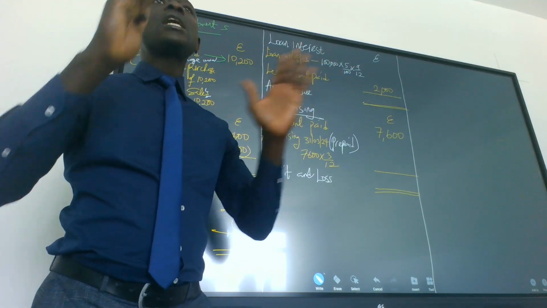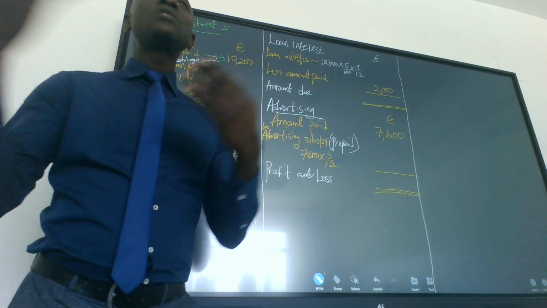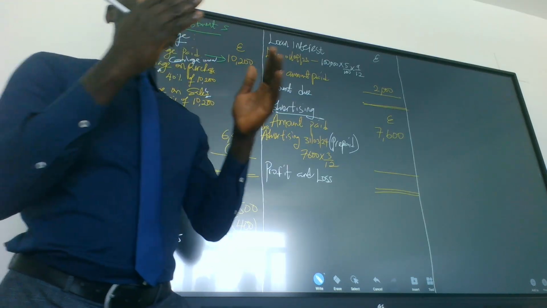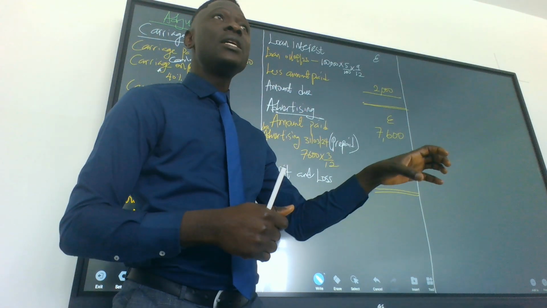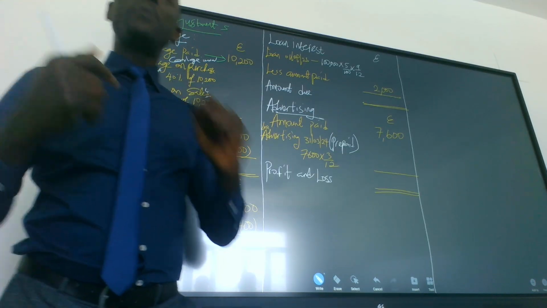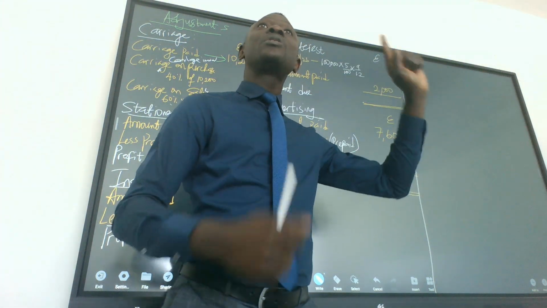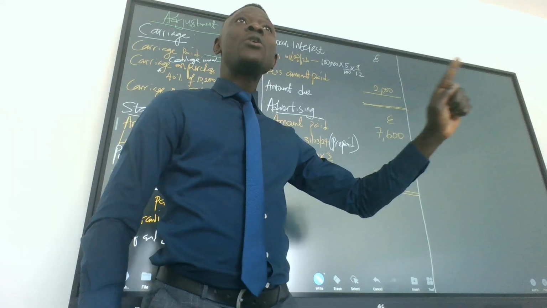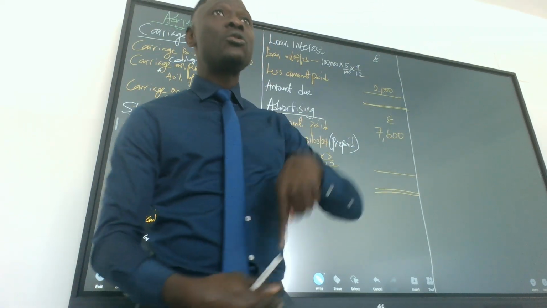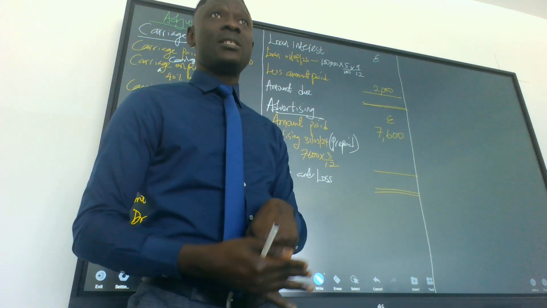Yes, the carriage is 10,200. But who is getting what? There's carriage inward and carriage outward. Carriage inward is the amount spent to convey the product into the premises. Carriage outward is the amount spent to convey the product to the customer. When you are conveying the product to the customer, that is sales. When you are conveying the product into your premises, that is purchases.